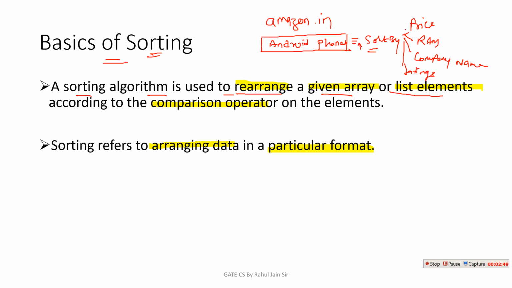So if you sort it by price, it simply means we are rearranging all the Android phones in our list with the comparison operator of price. Now in a particular format, maybe in increasing order or in decreasing order.